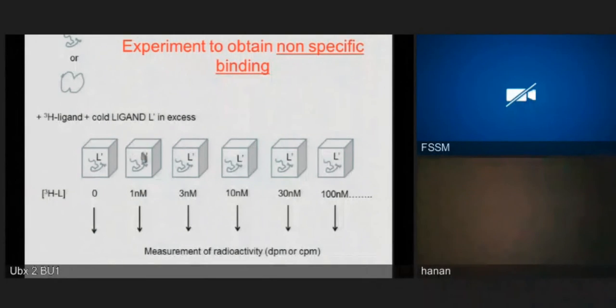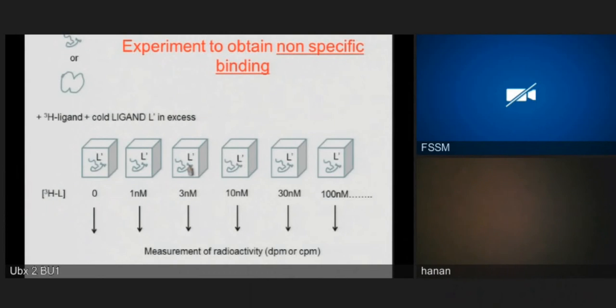Then you put the buffer containing also L prime in excess, and you dilute your radio-labeled L at 1 nanomolar. You wait the same for the equilibrium, and then you measure the radioactivity.